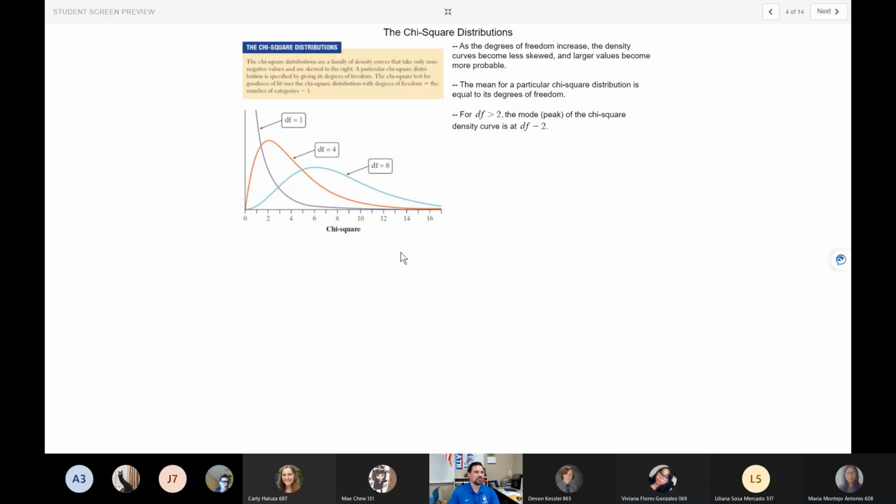Things to remember: as the degrees of freedom increase, the density curves become less skewed and larger values become more probable. The mean for a particular chi-square distribution is equal to its degrees of freedom, and for degrees of freedom greater than 2, the mode, or the peak of the chi-square density curve, is at degrees of freedom minus 2.